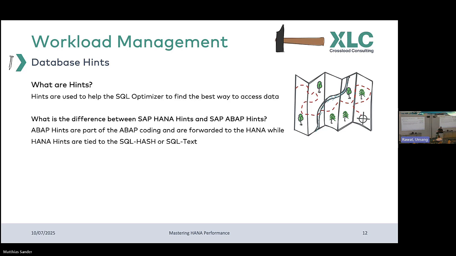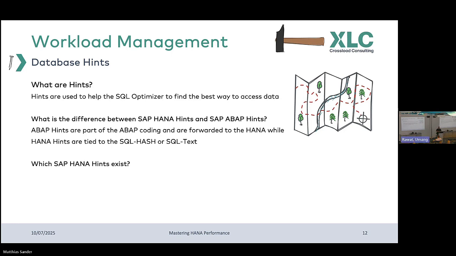When you do it on the HANA side, it can happen, especially with inlists, that the SQL looks different. You get a different SQL hash, and then you wonder why the database hint isn't used. On the other hand, the ABAP hint has the disadvantage that you cannot implement it that fast, because you really have to change something in the ABAP coding and transport a change.